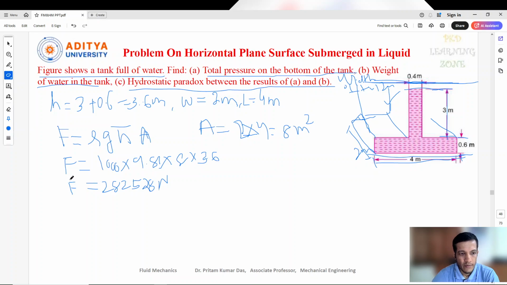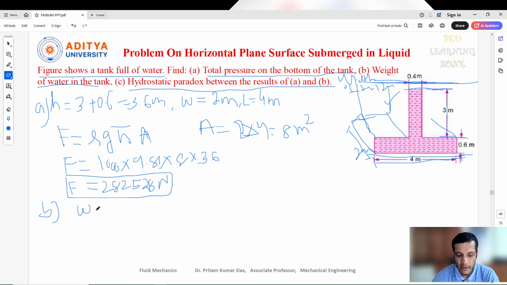And similarly, this is the first one, and the second one is given weight of water in the tank. That one we can calculate.